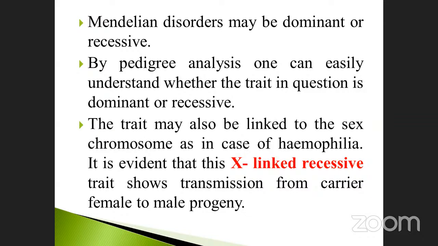X chromosome means what? It is sex-linked, XX, XY, like that, isn't it? That's why the X-linked recessive gene or trait shows transmission from the carrier female to male progeny.